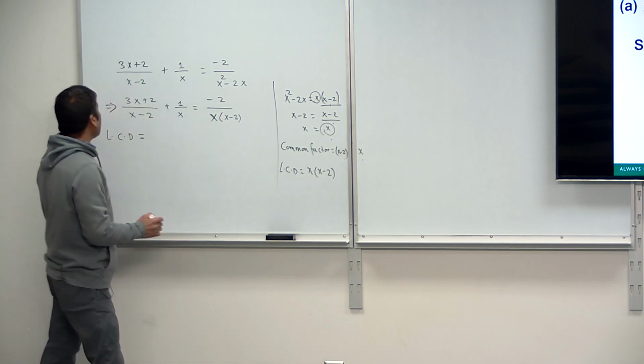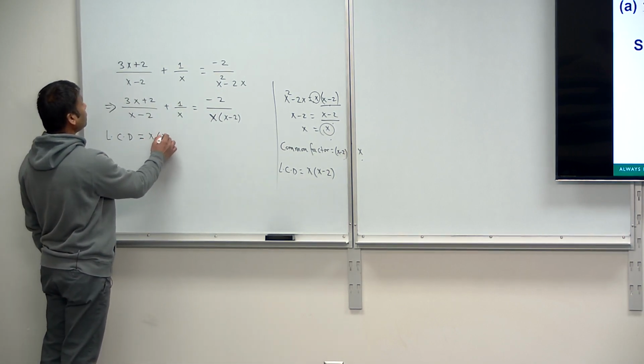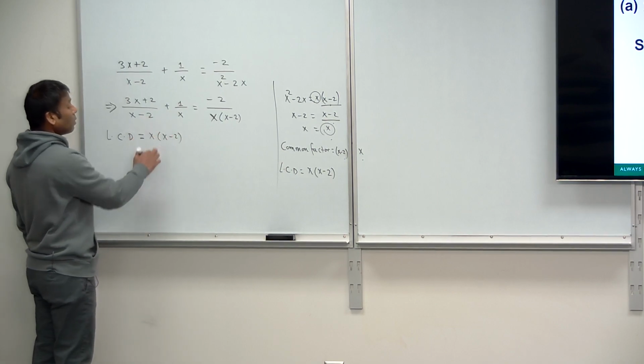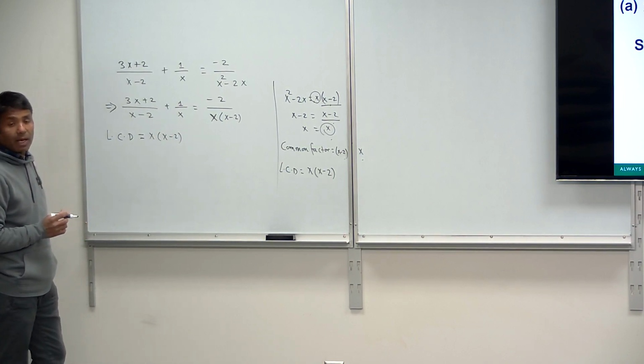Now you multiply both sides of the equation by x times x minus 2.